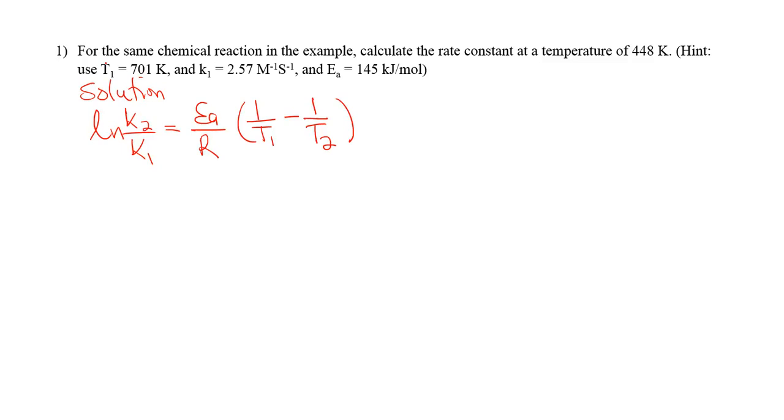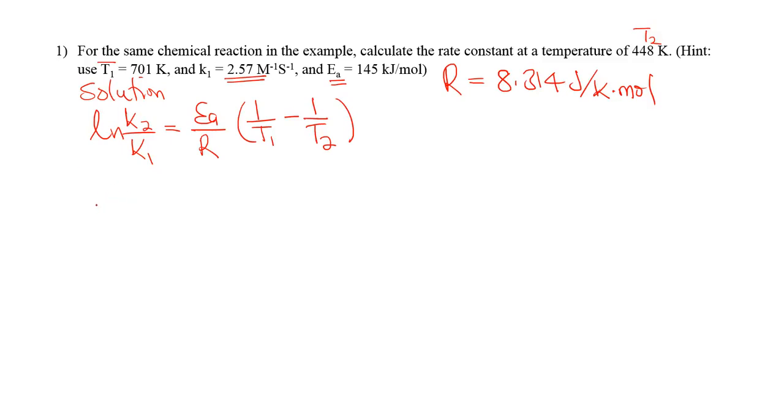We have T1. We have T2 here. It's given. We have EA. We have K1. What we need is K2. So we are going to just start putting numbers. As usual, remember R is 8.314 joules per Kelvin per mole.